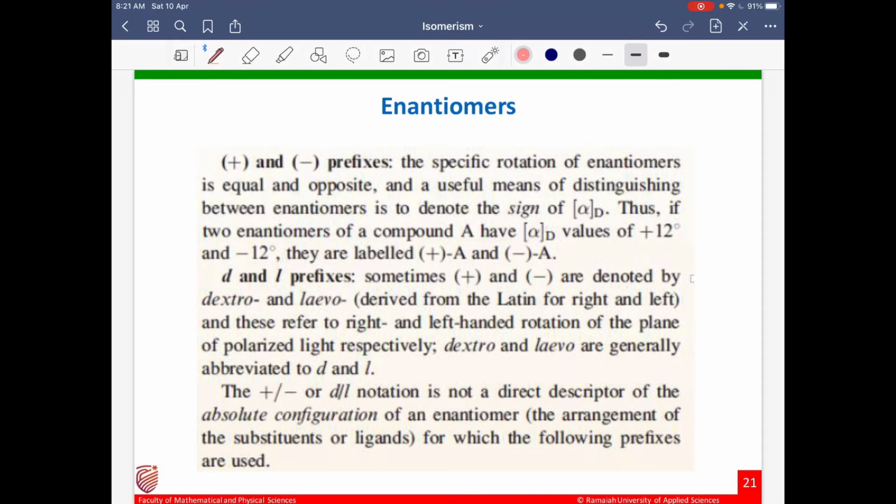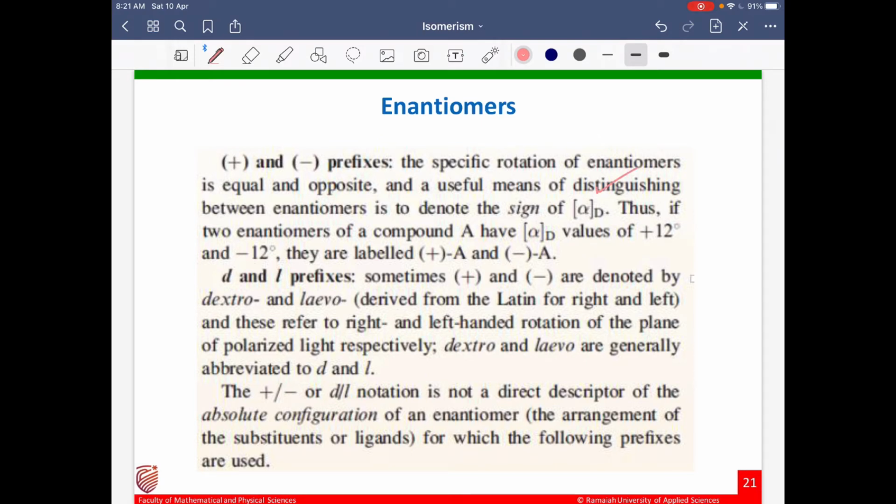A small description about enantiomers, plus and minus prefixes. Sometimes, instead of D and L, or in addition to D and L, we will use plus and minus prefixes. The specific rotation of enantiomers is equal and opposite, and a useful means of distinguishing between enantiomers is to denote the sign of alpha.